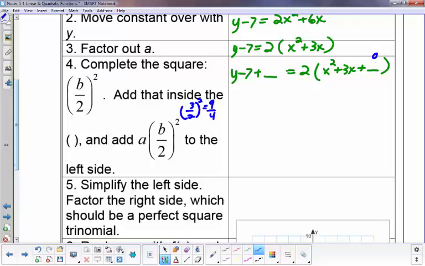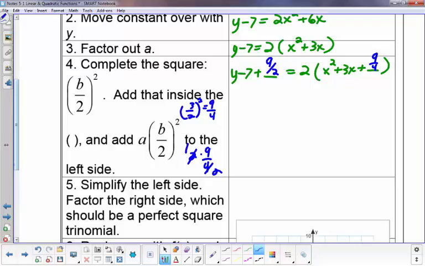I'm going to add 9 over 4 on the right. But on the left, it's not that I'm just adding 9 over 4. I'm doubling that because it's 2 times 9 over 4, which ends up being 9 over 2.